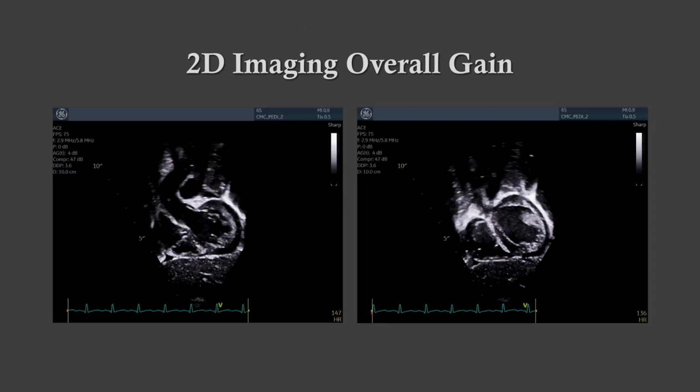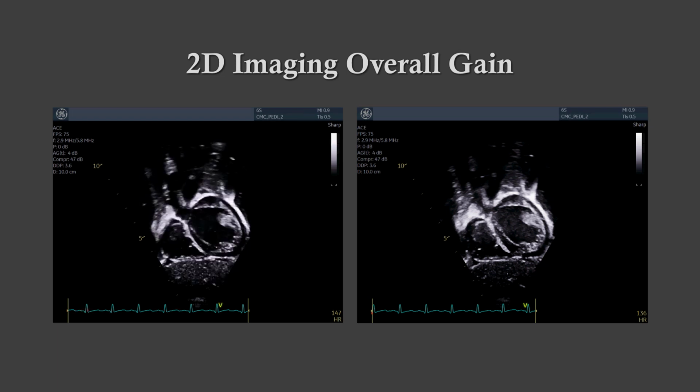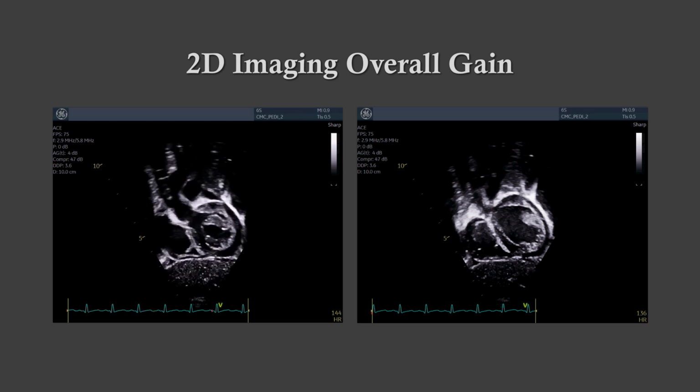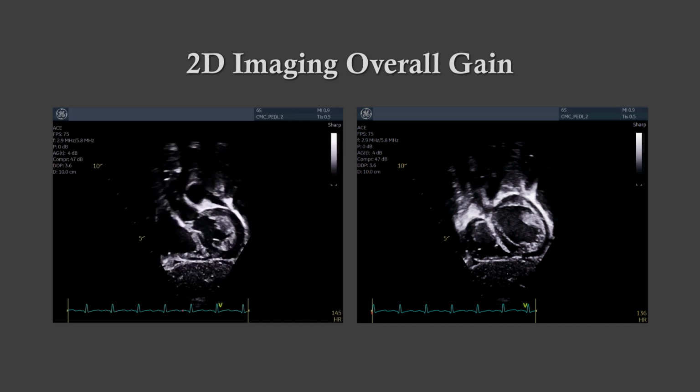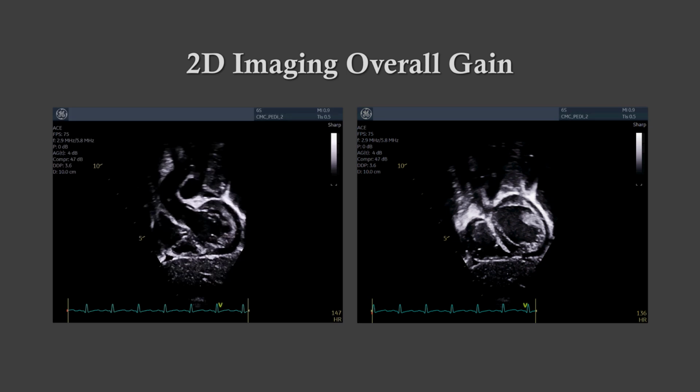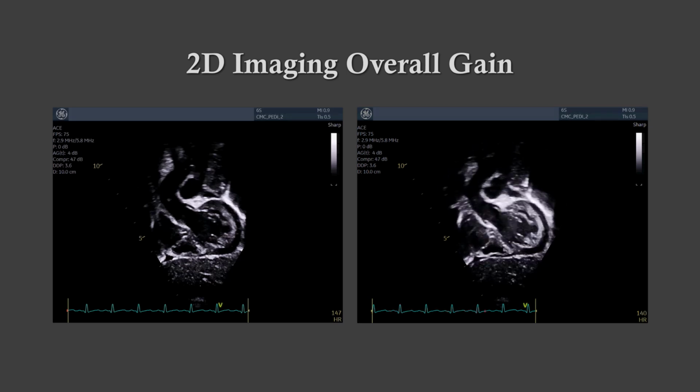Here we have examples of 2D imaging showing the difference between the appropriate 2D gain here on the left-hand side. I will play it again. Versus too much gain on the right-hand side.